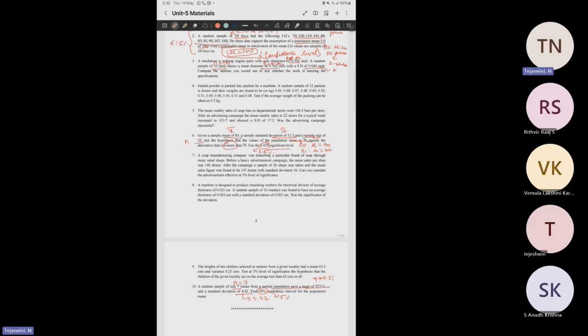Compute statistics to see whether the work is meeting the specifications. So they didn't ask us if there is any less than or greater than and so on. The level of significance is not given, so first the level of significance will be 5%, and H naught will be mu is equal to mu naught.